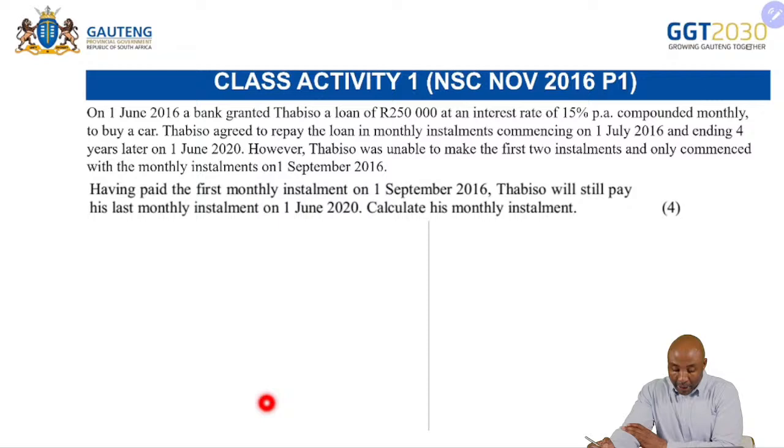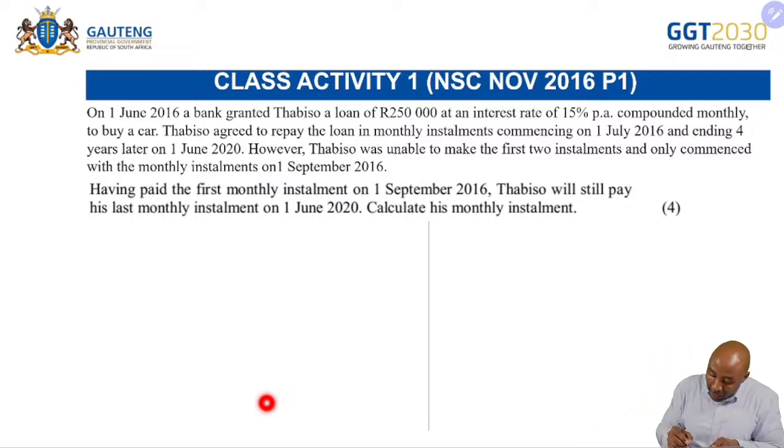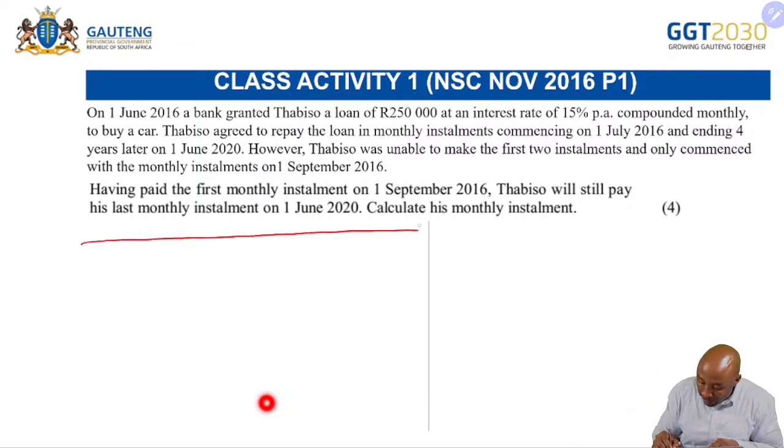Tabiso will still have to pay his last monthly installment on 1 June 2020. Calculate his monthly installment. Remember, on our timeline, T0, the first payment, T2, there was nothing, a gap. Our first installment started at T3.